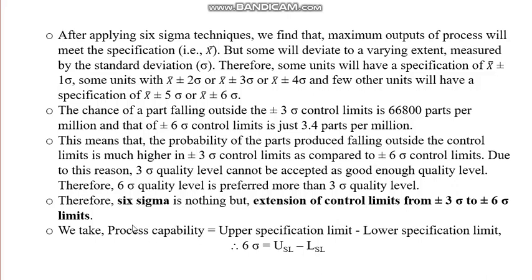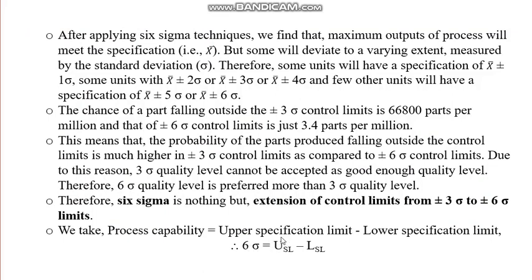Now we are talking about process capability. What is process capability? It can be defined as the upper specification limit, USL, minus the lower specification limit, and this process capability should be maintained as 6 sigma.